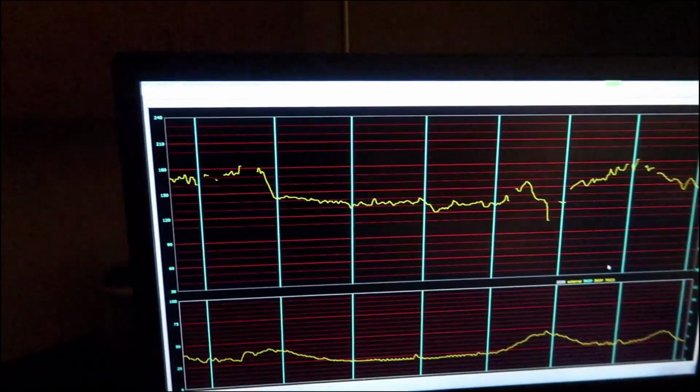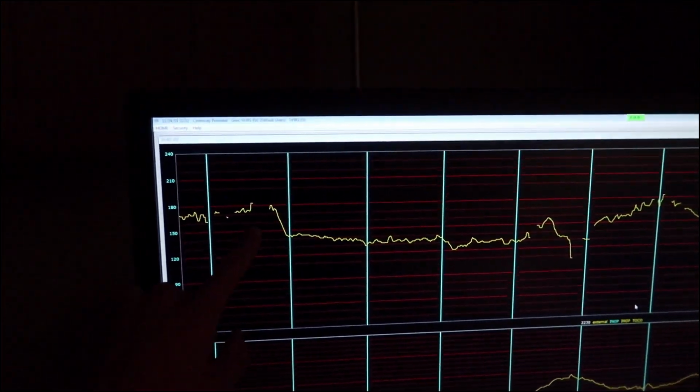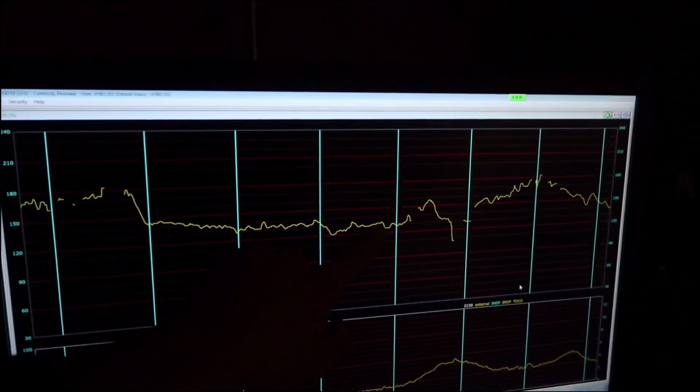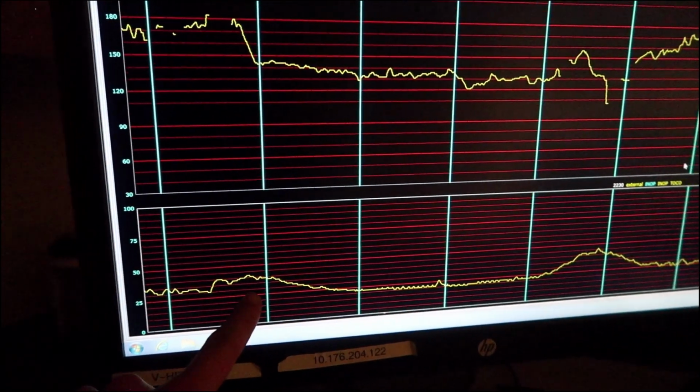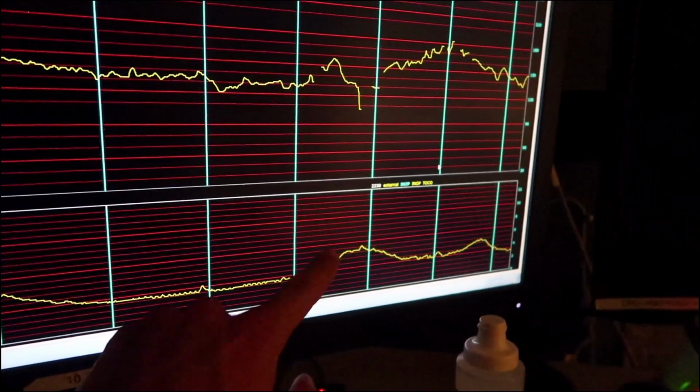She moves away from the monitor, so there's these like blank spots because she moves away from it. And you hear the contractions in the spaces between them.